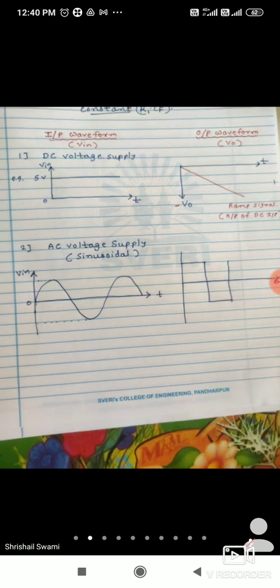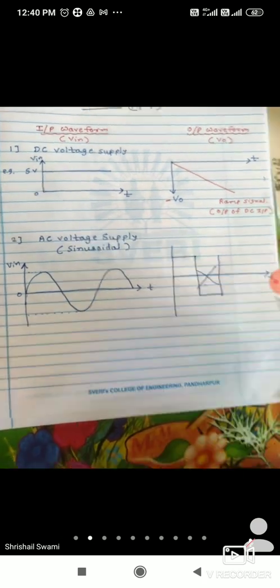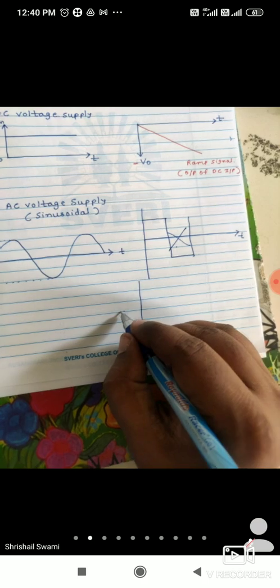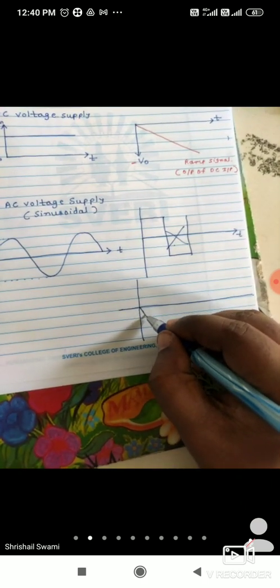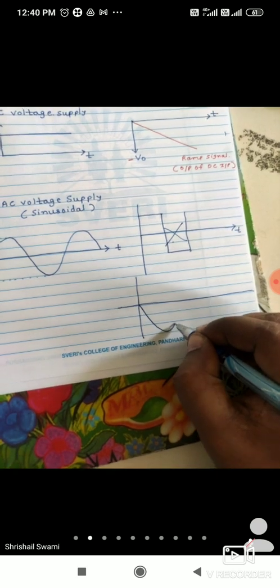Sorry, this is wrong. The output we are getting is cosine. After integrating sine, cosine comes. So that will give the negative cosine. Negative cosine is like this. So this is the time t.